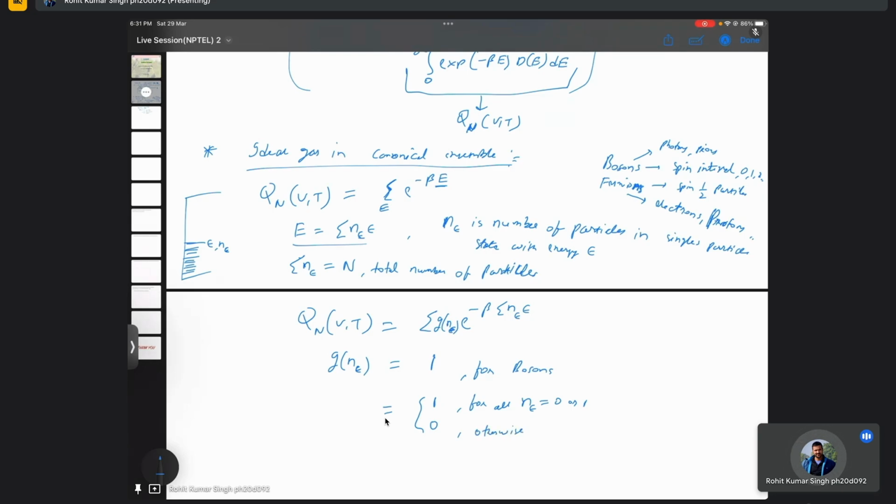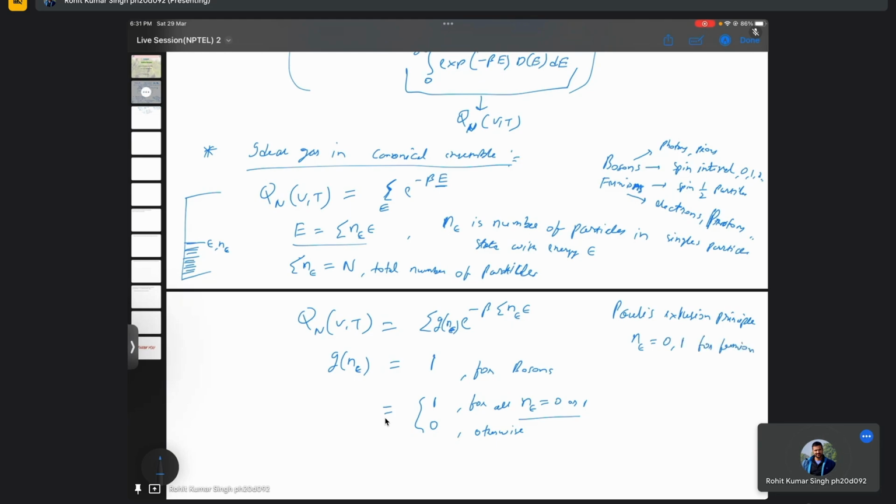So what it means is, for fermions, you know that due to the Pauli exclusion principle, two identical fermions cannot lie in the same energy state. Okay, so Ne will be either 0 or 1 for fermions.